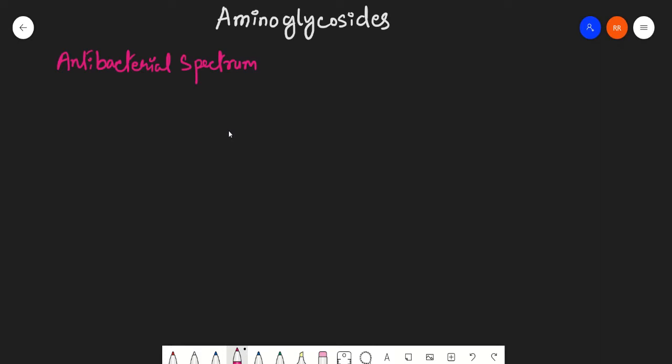So first, aminoglycosides are active against the majority of aerobic gram-negative bacilli.